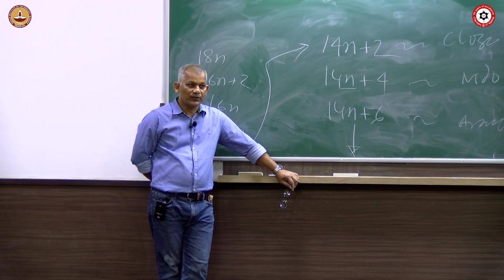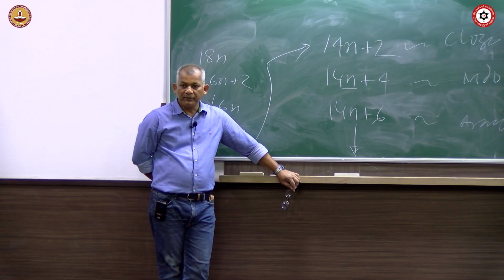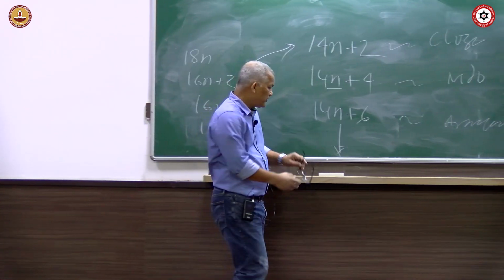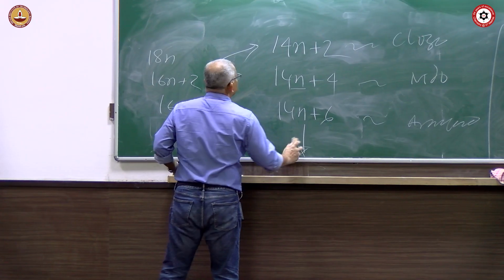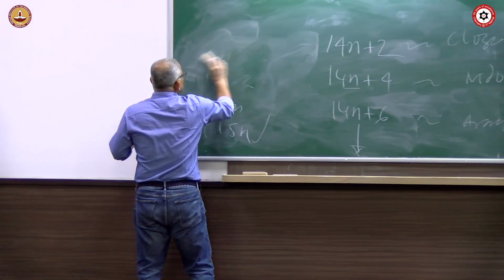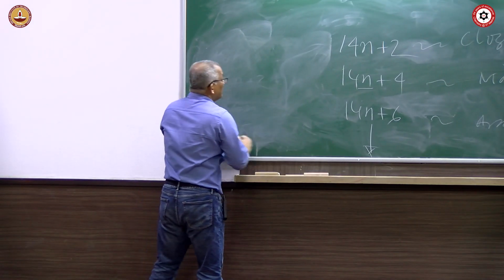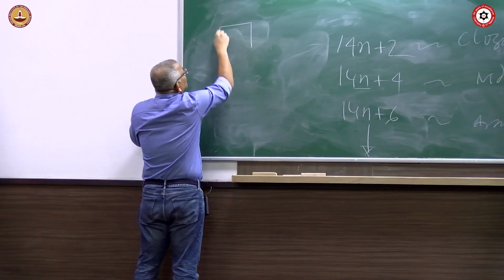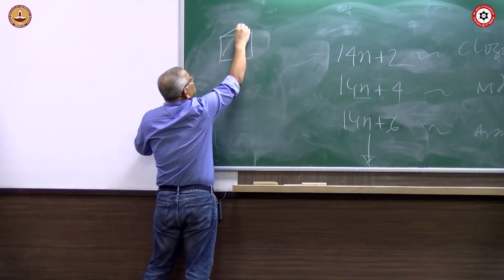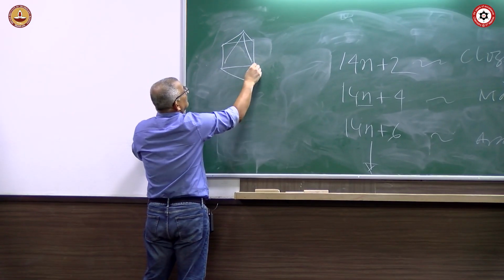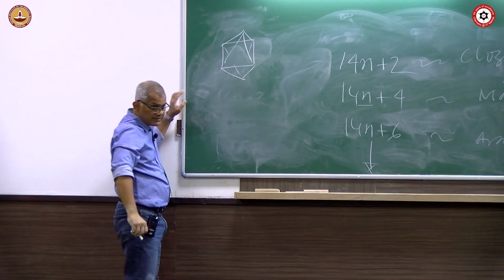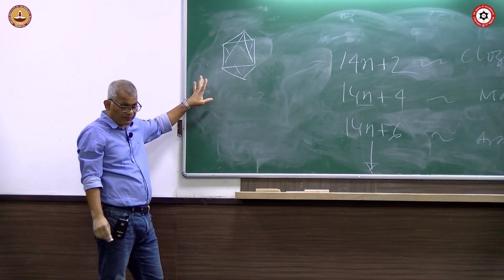Nido. It is nido. So square pyramid. Square pyramid means nido. So if you start with something, let's say this is octahedral. So this is octahedral means closo.